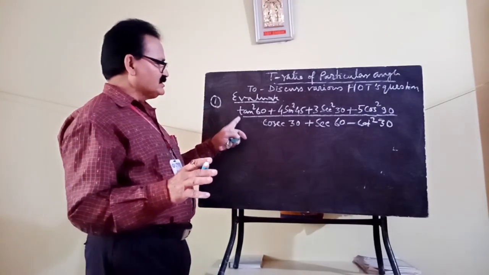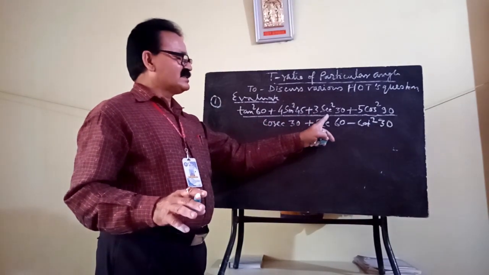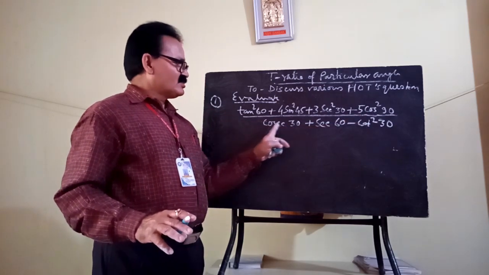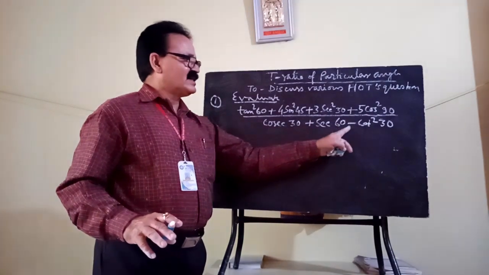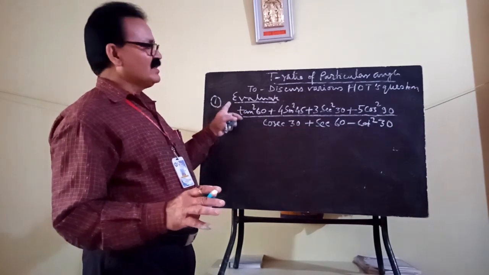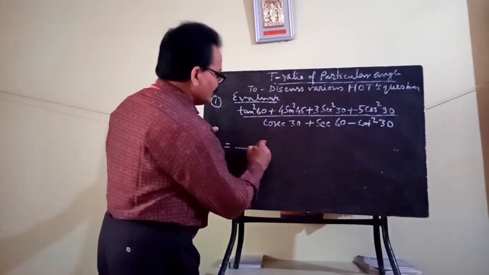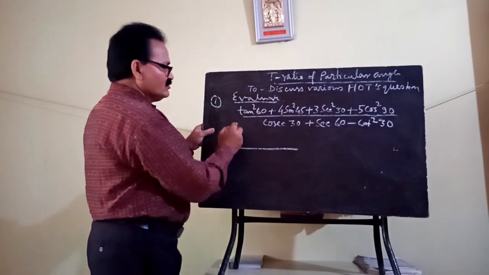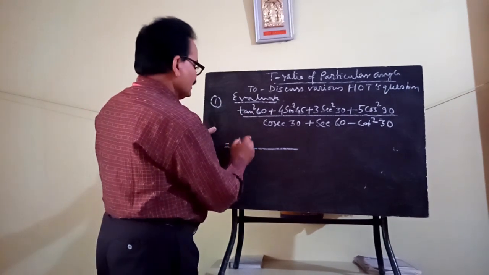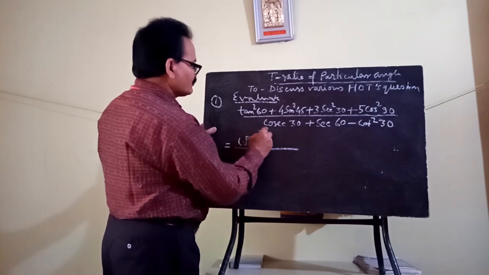Your first question is tan square 60 degree plus 4 sin square 45 plus 3 sec square 30 plus 5 cos square 90, divided by cosec 30 plus sec 60 minus cot square 30. In this part you have to evaluate, means find the value. If you put the values, tan 60 is root 3, and since it is tan square 60, this will be root 3 whole square.